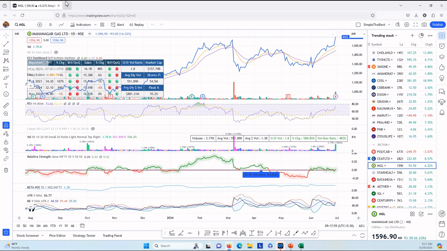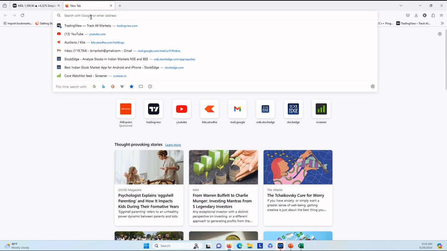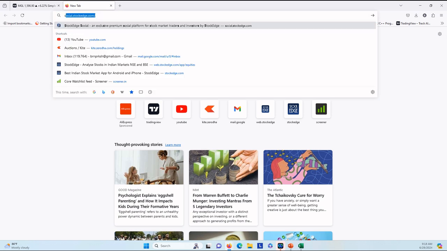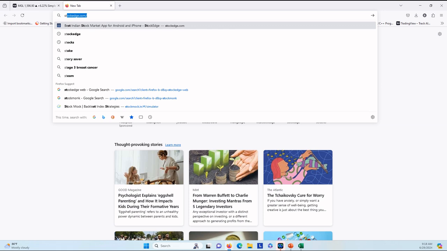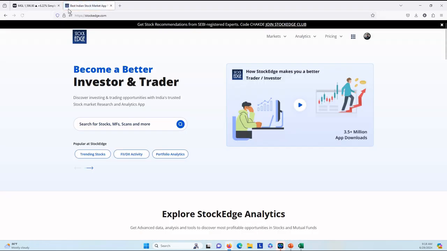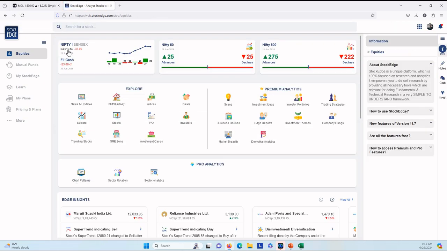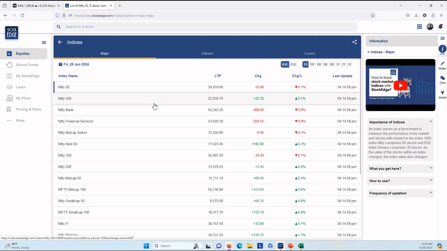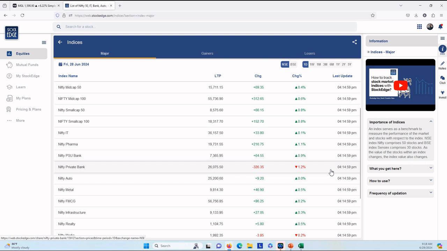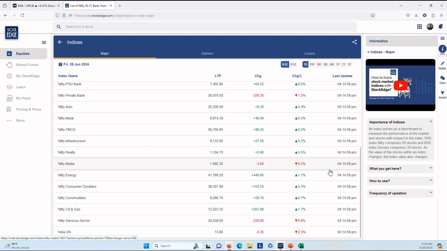Yes, if I see the last performance, especially by sector, it has higher potential. Nifty, midcap, smallcap.